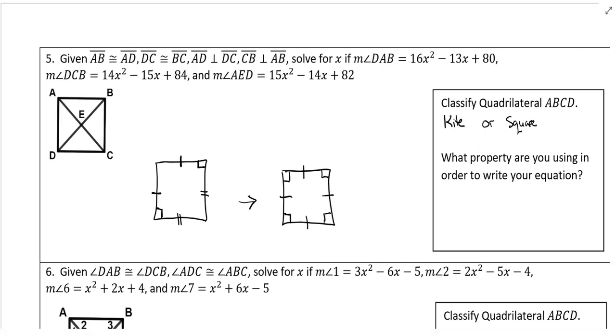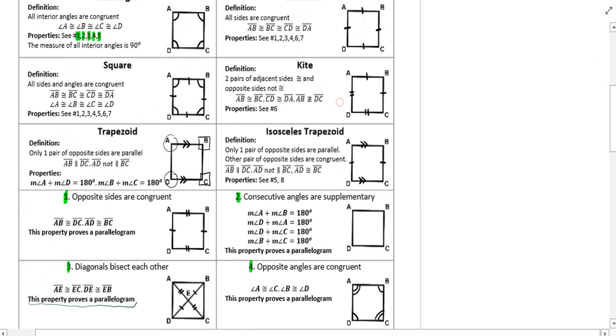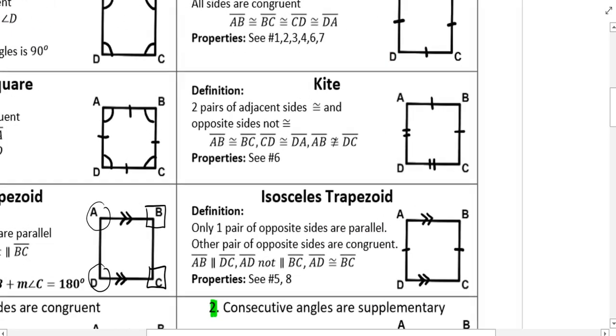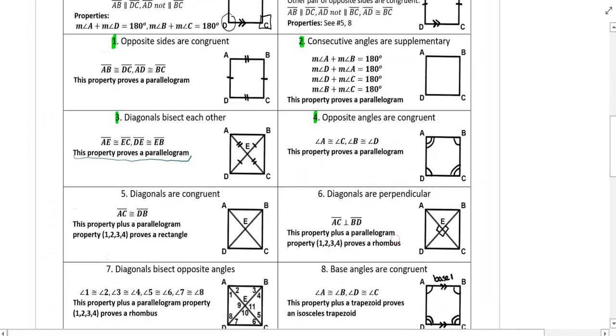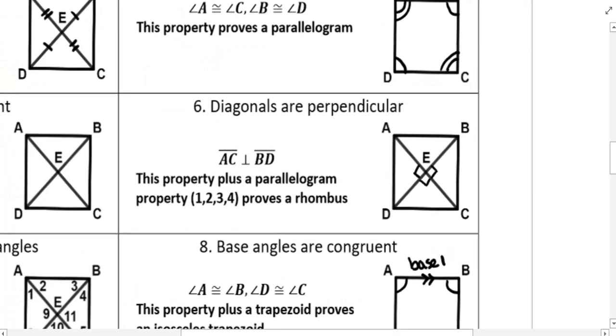So if it's a kite, the properties that we know here are, and I'll pull it up. A kite only has one key property, and that's from property 6, that the diagonals are perpendicular.